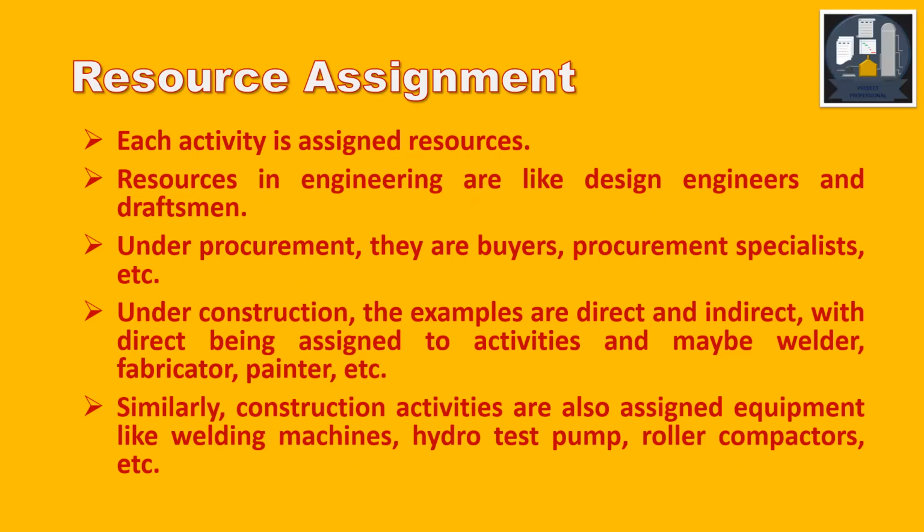Direct manpower, which is assigned to activities, may be welders, fabricators, painters, etc. Indirect manpower is the supervisory manpower, like supervisors, engineers, managers, etc. Similarly, construction activities are also assigned equipment like welding machines, hydro-test pumps, rollers, compactors, etc. Then there are cranes, which may be for the unit or may be used in a day for more than one activity. So those are also assigned accordingly.